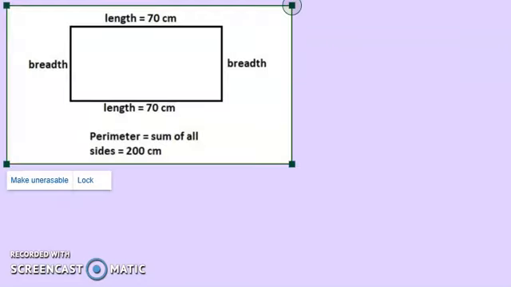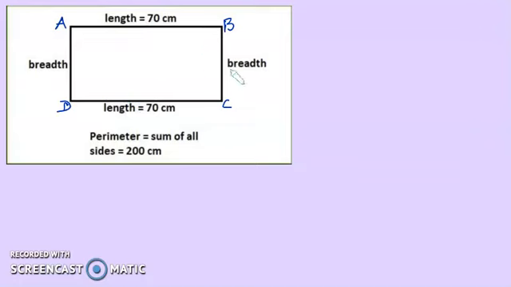In a rectangle, opposite sides are equal. So if length is 70, DC is 70, AB will also be 70. And breadth we don't know. For now I assume breadth to be 30 centimeter. So what will be the area?